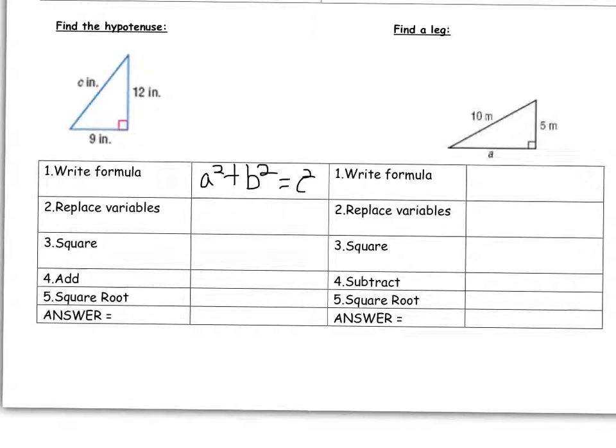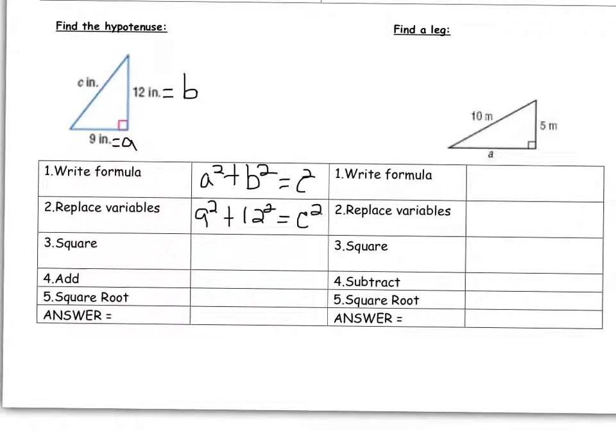Then, based on either the word problem or in this case the drawing, you're going to replace your variables. Now remember, A and B are interchangeable. For today, I'm going to say that A is 9 and B is 12. So I'll plug those in. 9 squared plus 12 squared equals c squared.